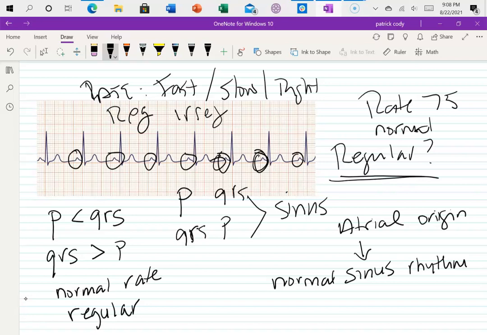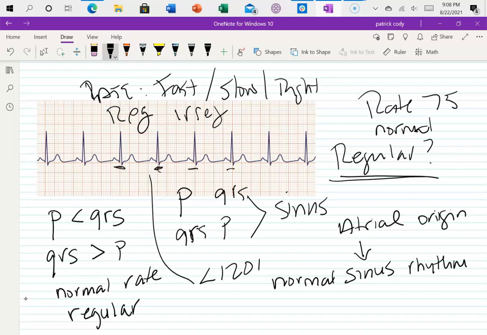Now, one of the other things I want you to notice, and we'll spend some more time on this later, is that on this particular example, the QRS complex is relatively narrow. And we identify a narrow QRS complex as one that is less than 120 milliseconds.